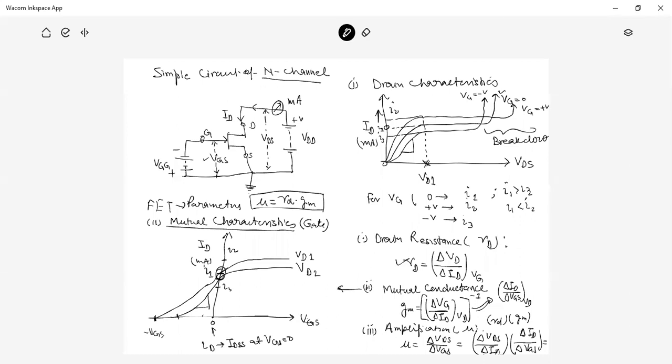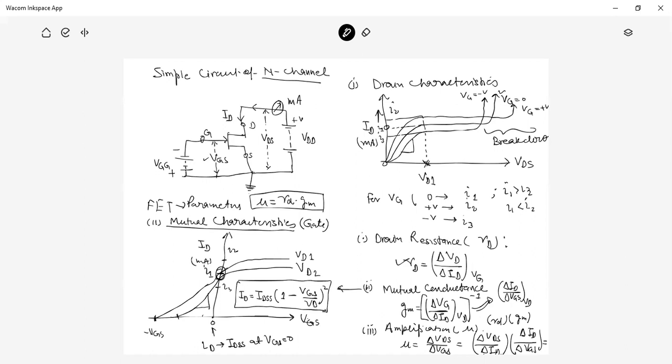So the current equation for this is ID equal to IDSS times 1 minus VGS by VP, whole square. This is the current equation for this circuit.